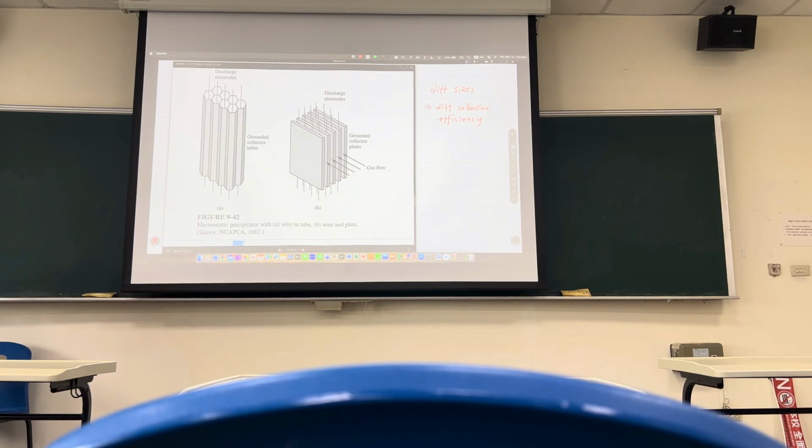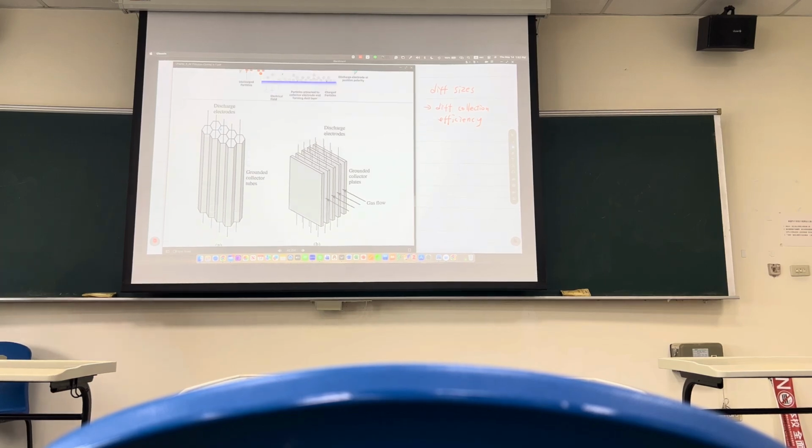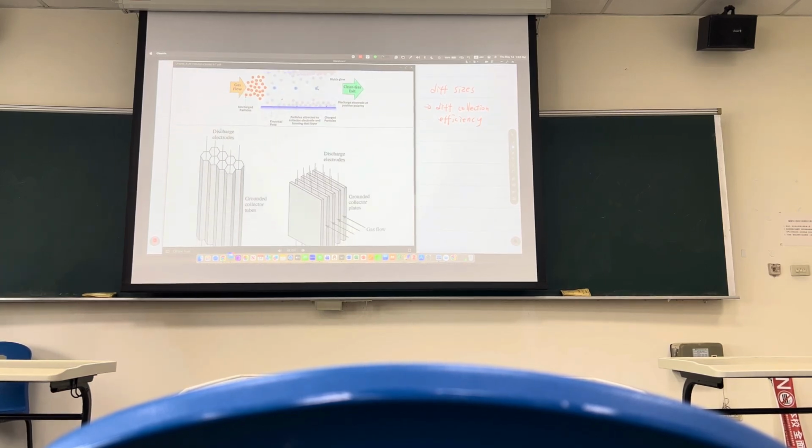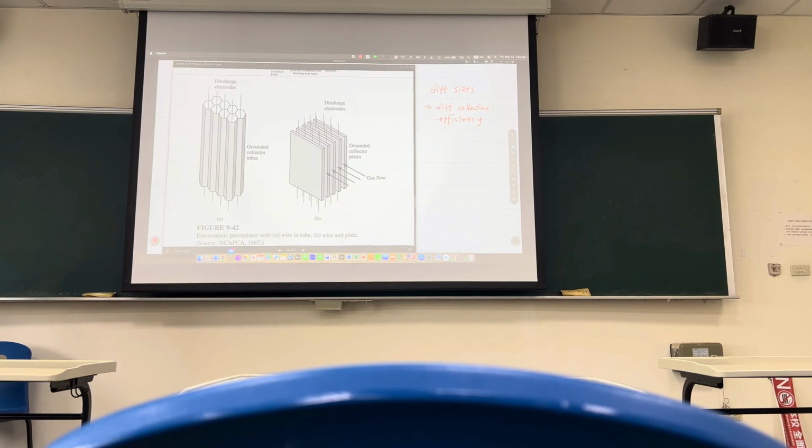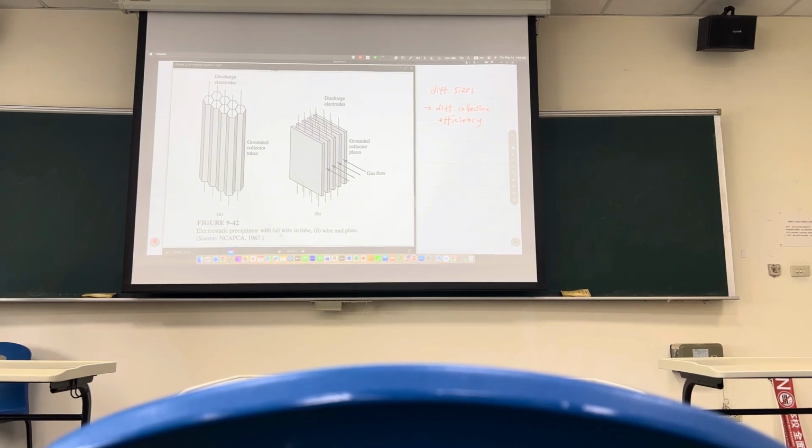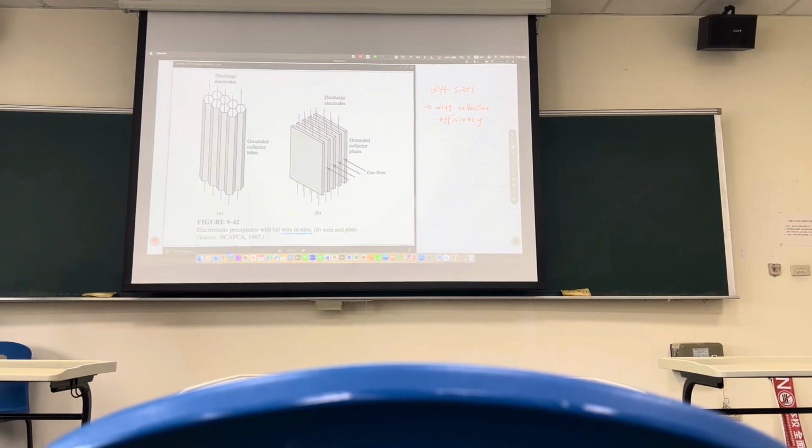On the left hand side, figure A is wire in tube. On the right hand side, you can see the plate here, right? So this is called wire and plate. So there are two configurations of ESP.